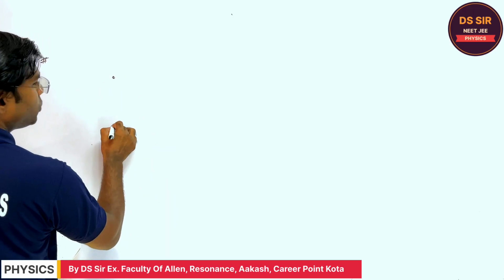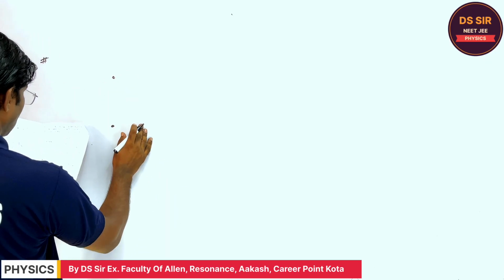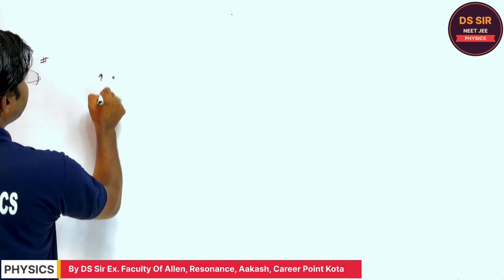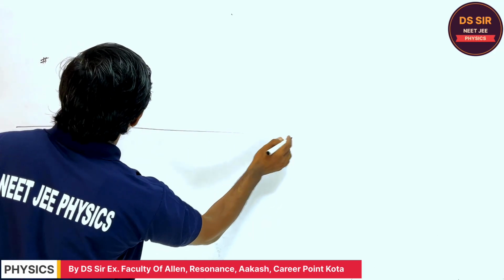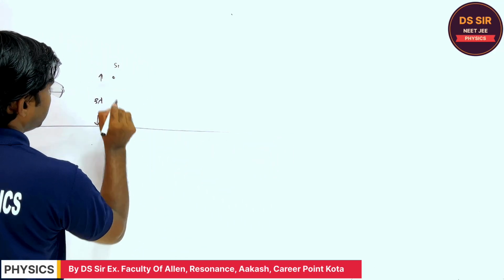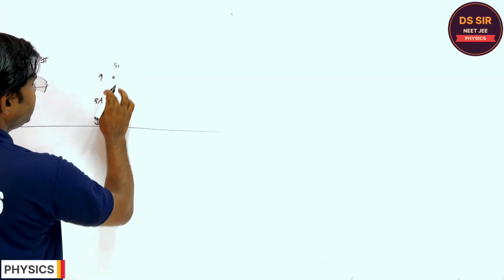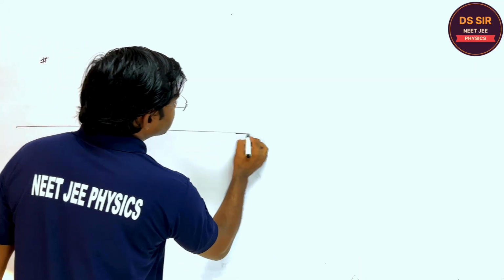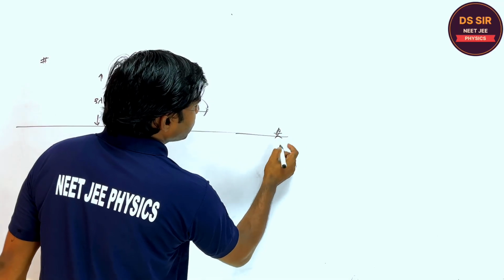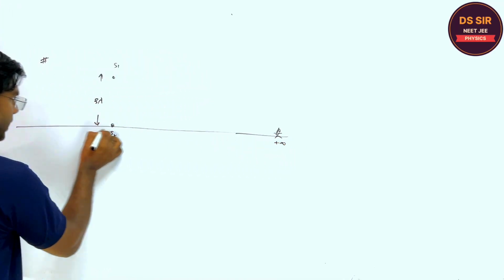If these are two sound waves or two sources of light placed at a distance 3 lambda, right? This is S1, this is S2. Are you getting or not? So if this is S1 and S2, one person is moving from infinity to minus infinity in this direction.